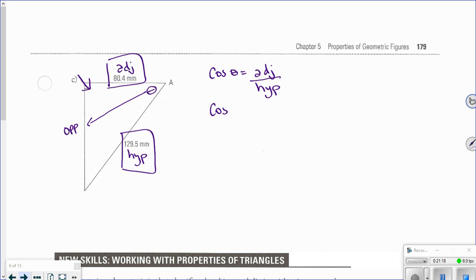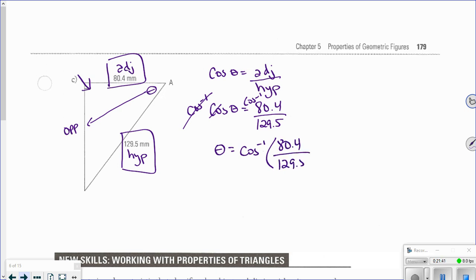So cos of our angle equals the adjacent, or 80.4, divided by the hypotenuse, which is 129.5. Inverse cos to get the angle by itself. So our angle equals cos negative 1, or inverse cos, of 80.4 divided by 129.5. When you put this in your calculator, you should get 52 degrees.